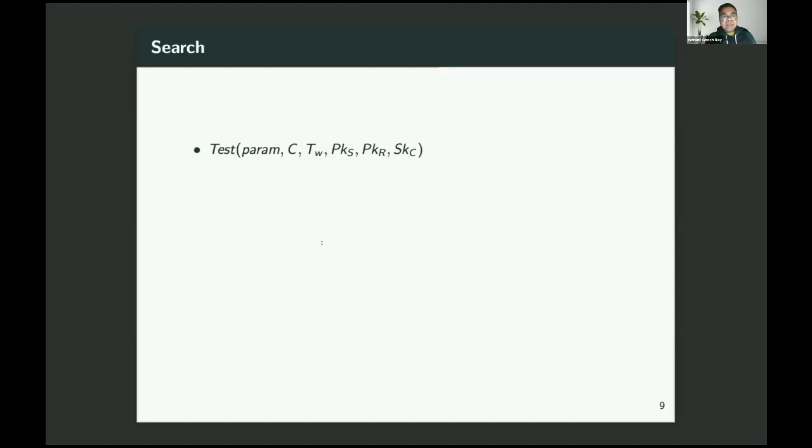The first thing that user will do is compute this TW. The computation was just explained. The user needs the public key of the data owner, which is PKS, the public key of his own, which is PKR, and also the secret key of the cloud server.